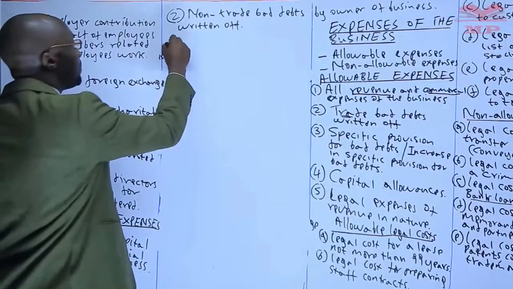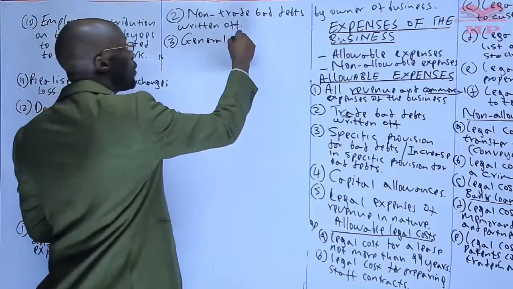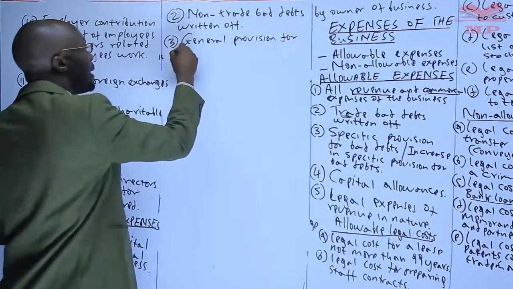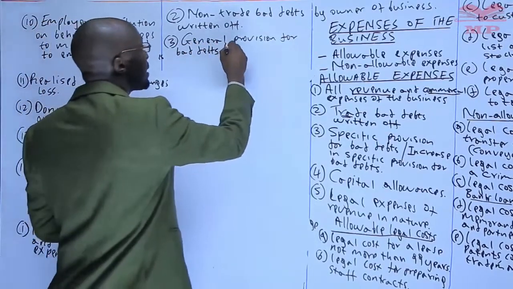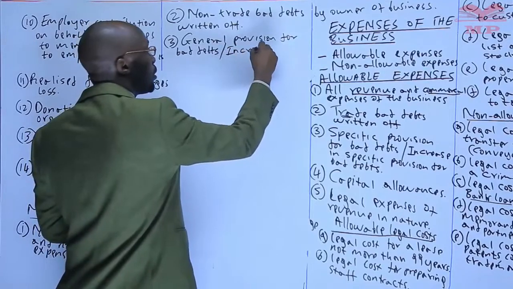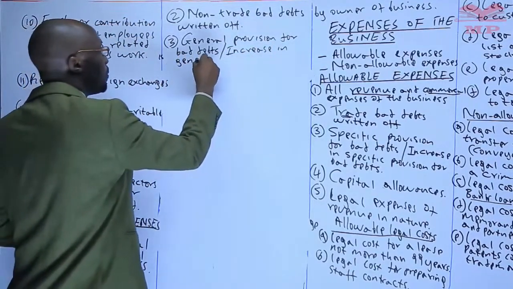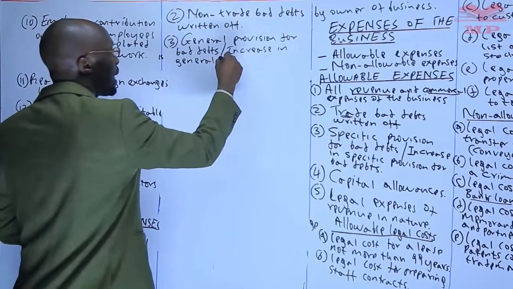Number 3, general provision for bad debts. The other way to put it is increase in general provision for bad debt.